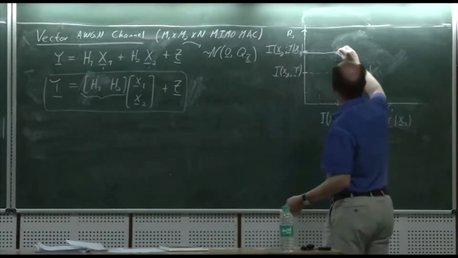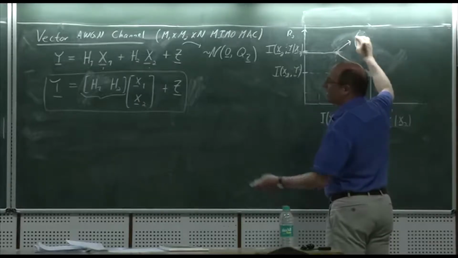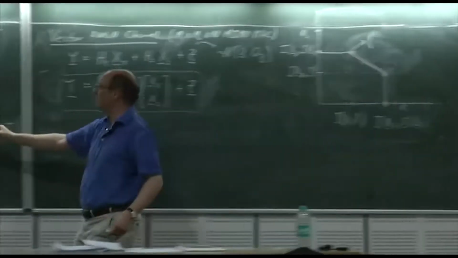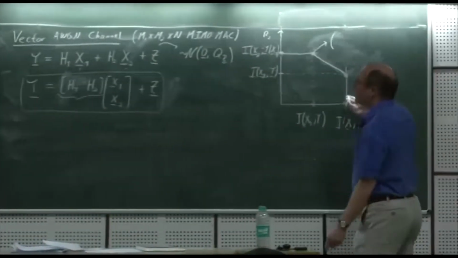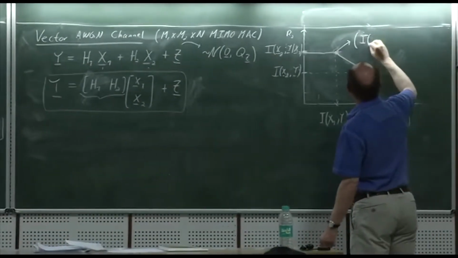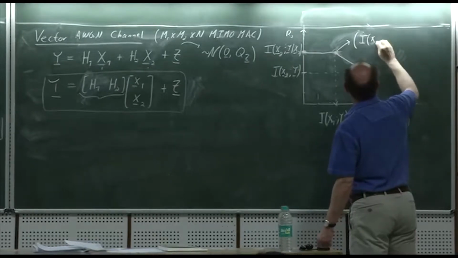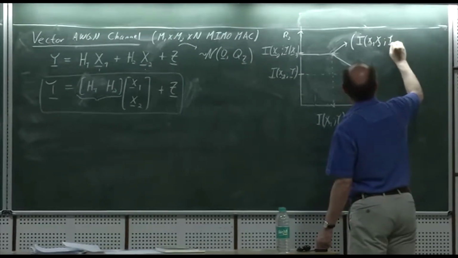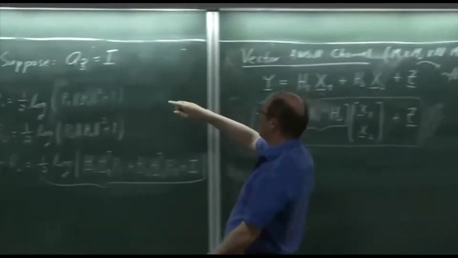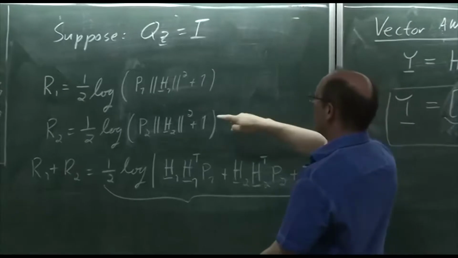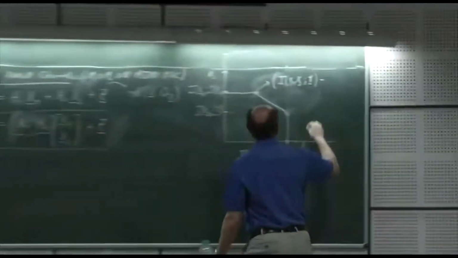I mean, this point here is just given by this big sum rate thing, right? So let me just write I of x1, x2; y, here I'm assuming scalar, minus this term here, right? 1/2 log P2.